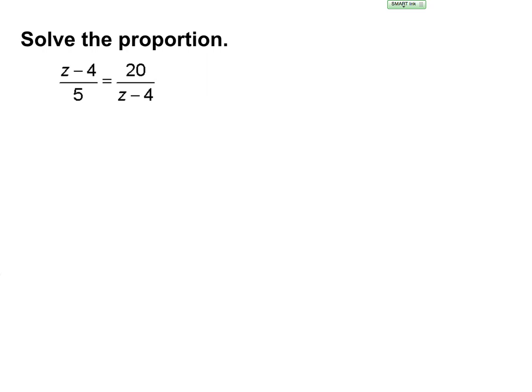Multiply your z minus 4 times your z minus 4. Before you pick out your A, B, and C, you've got to have it equal to 0.